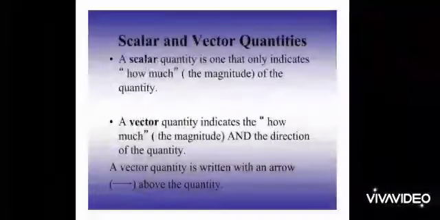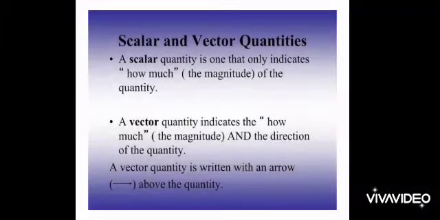A scalar quantity is one that only indicates how much. That means the magnitude of the quantity. A vector quantity indicates the how much and the direction of the quantity. A vector quantity is written with an arrow above the quantity.